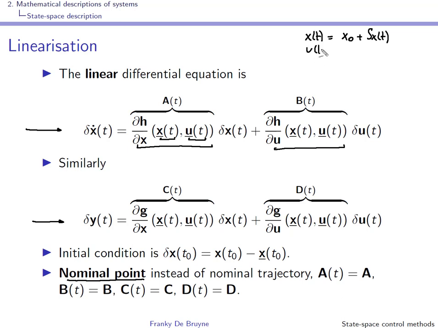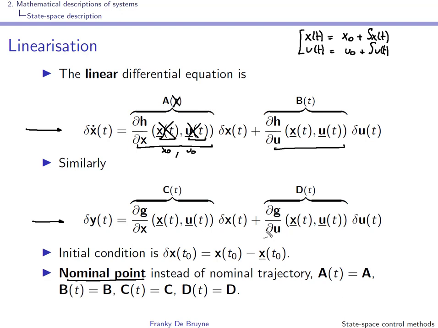Similarly, the input is u0 plus some variation around that nominal input, right? So what would happen here is that these quantities are replaced by x0 and u0, and you lose the time dependence, and you have that of course for the other matrices.